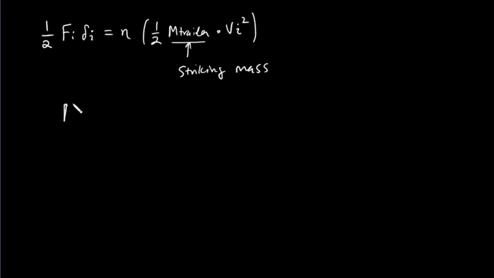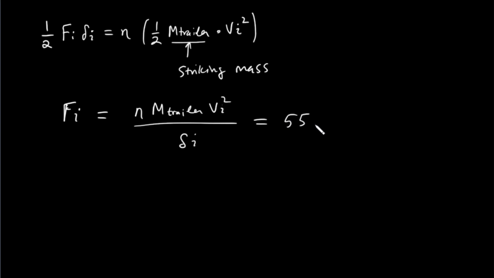Okay, so we solve for the force, and say that the force is just equal to eta times the mass of the trailer times V_i squared over delta_i, and we can see that that is 55.1 kilonewtons. Okay, so this gives us a way of calculating force.